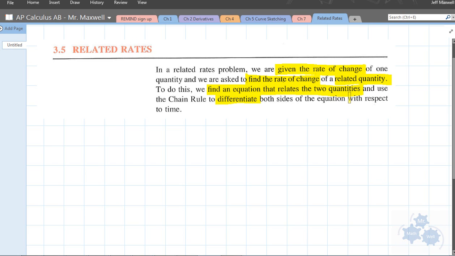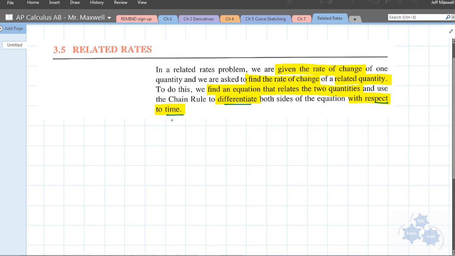This is the one thing that's different here, with respect to time. So in a related rates question, we will be dealing with two changing quantities and the rates of change for two separate quantities, and we're going to differentiate with respect to time.